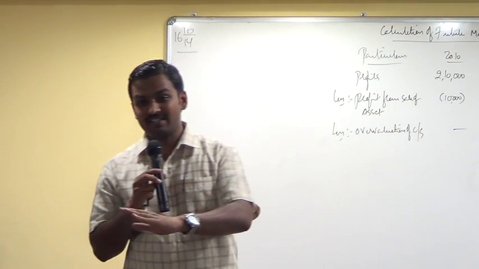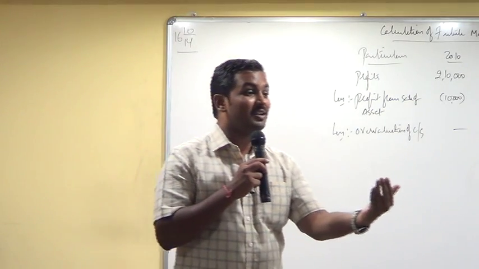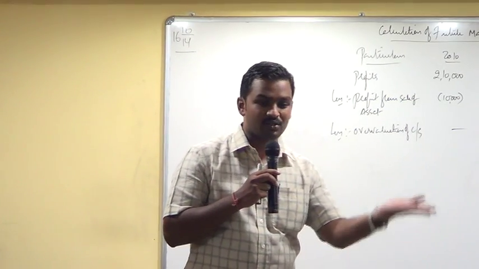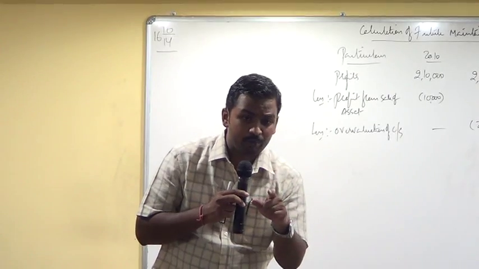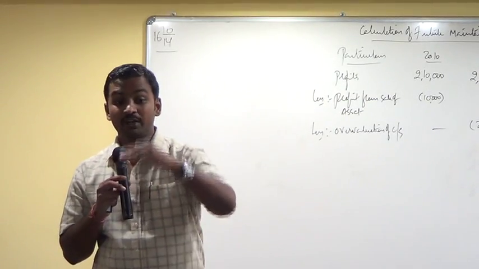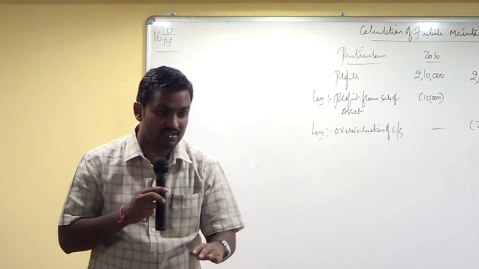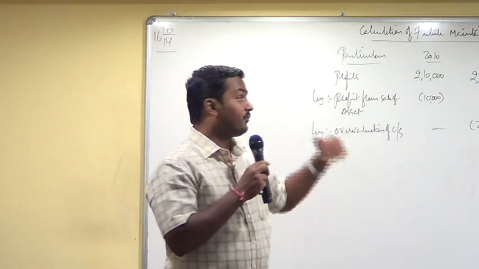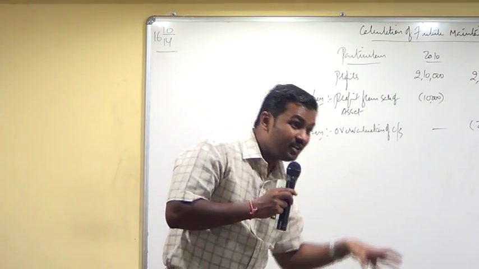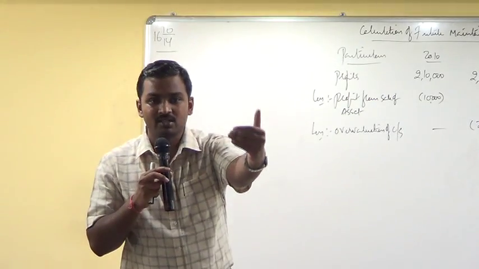Now, if you have increased the value of closing stock of 2011, automatically the value of opening stock of 2012 will also be increased. Where do you show opening stock? Debit side of the trading account. Expense. If you inflate an expense, what is going to happen? Profits will decrease. So artificially, profits of 2012 were reduced because of overvaluation of opening stock.